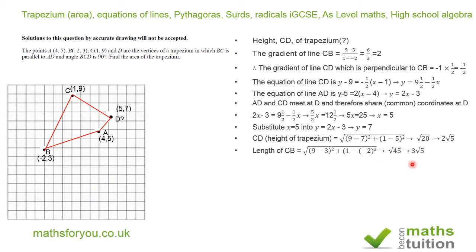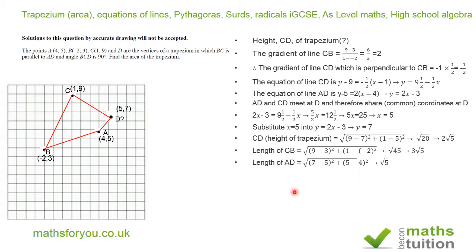So the length of CB is 3 root 5. Now for the length of AD, same thing again, using Pythagoras. The length of AD would be 7 minus 5 all squared, plus 5 minus 4 all squared. And that gives us the square root of 5.